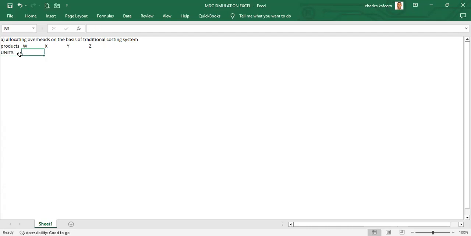The units we have: 10 for W, also 10 for X, then for Y we have 100, and for Z we also have 100. You can try to realign these things so that we can have some of the things centered.